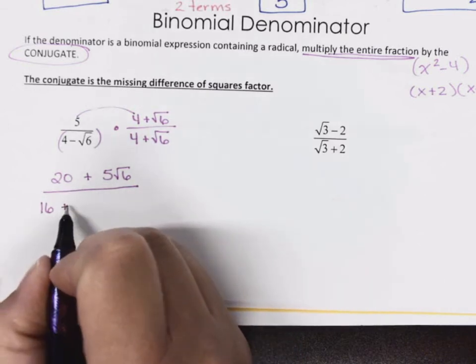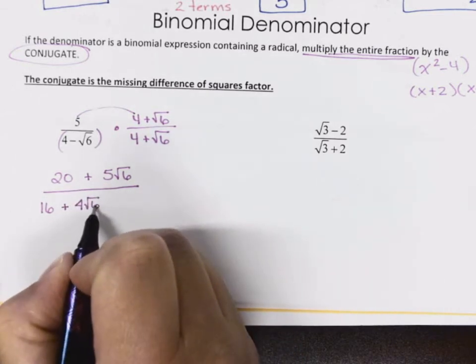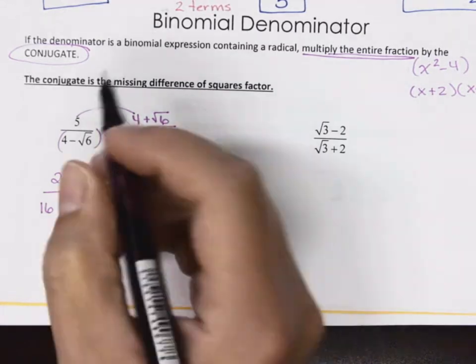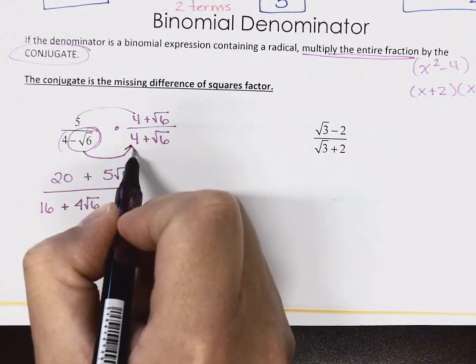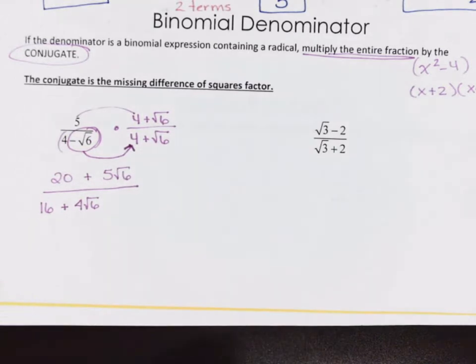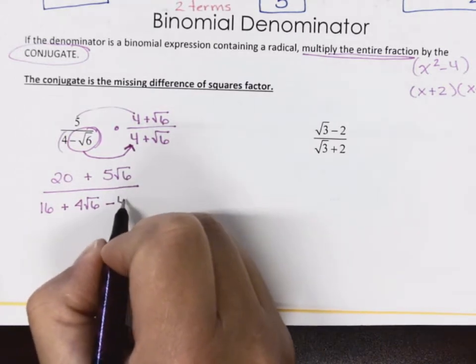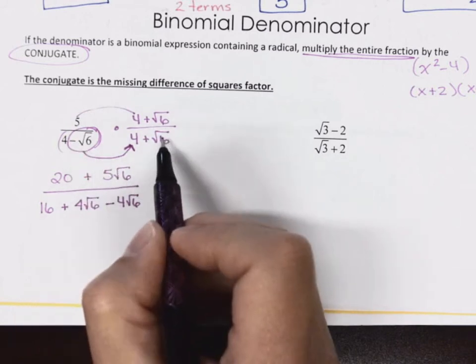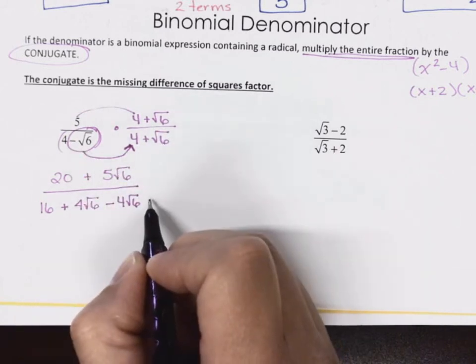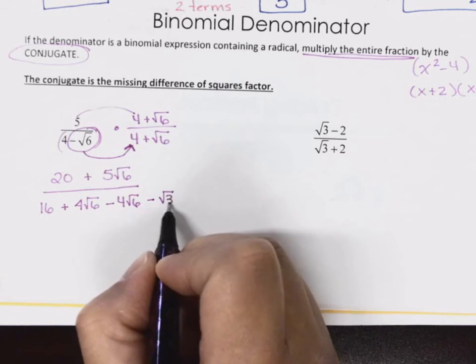So it's going to be add 4 root 6 because it's positive, right? Now we're going to do the other side. Remember, you got to take the negative in front of it. So negative root 6 times 4. So negative 4 root 6. And then negative root 6 times positive root 6. Negative root 36.